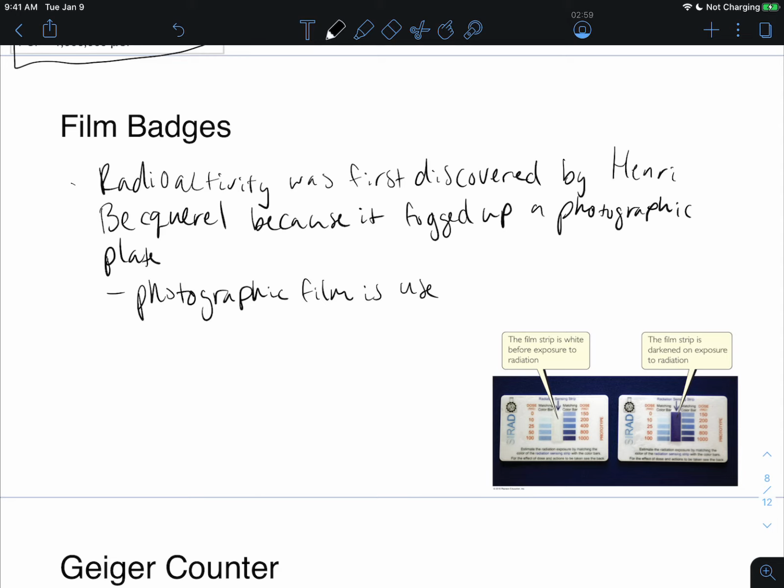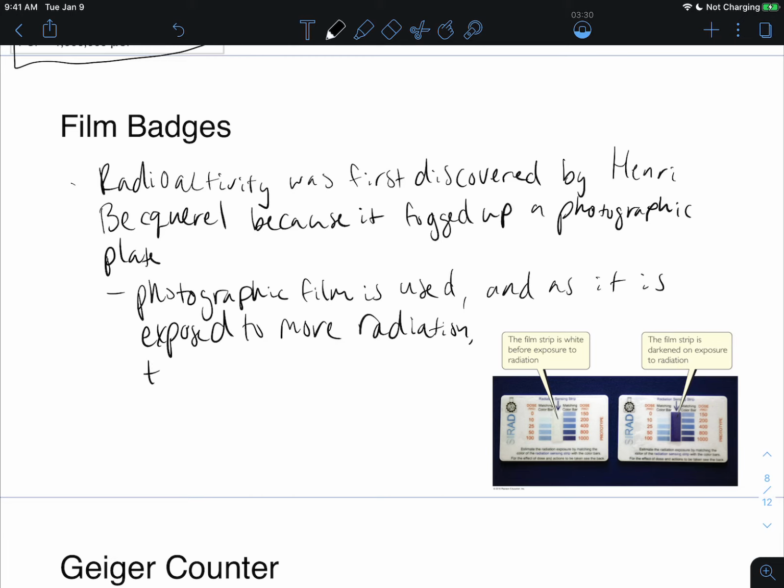And it's really for people who probably aren't getting a lot of exposure, but they want to make sure that the exposure is not getting too great and that they stop someone from getting too much so that they don't get sick. Photographic film is used, and as it is exposed to more radiation, the film gets darker and darker.